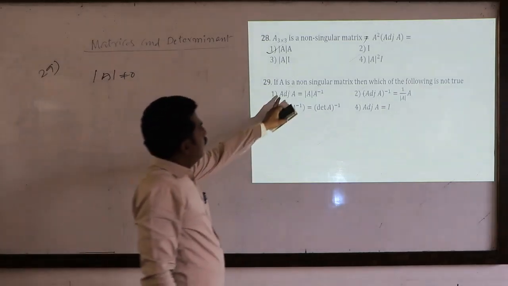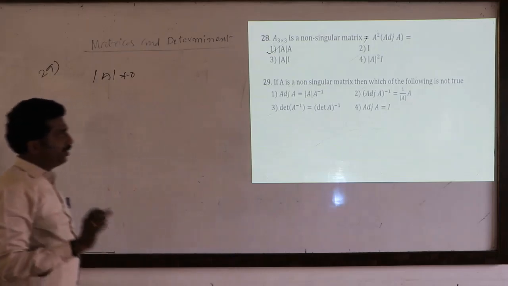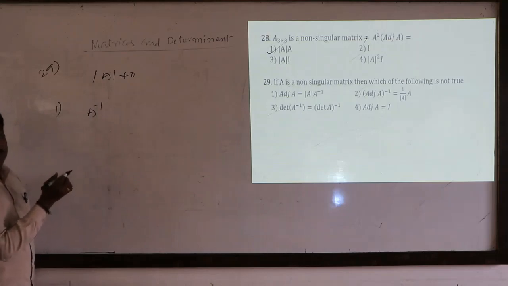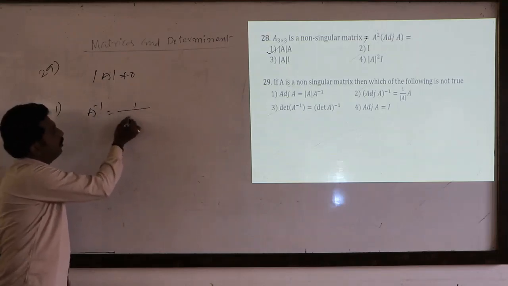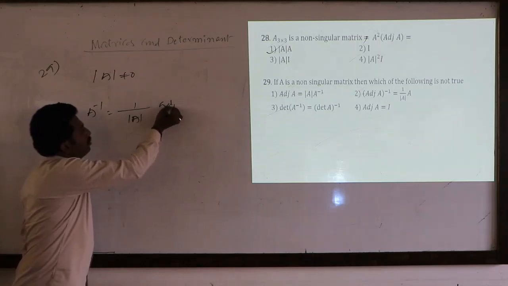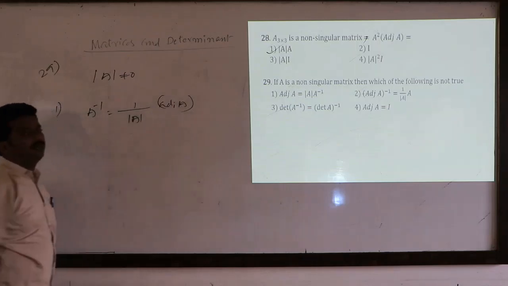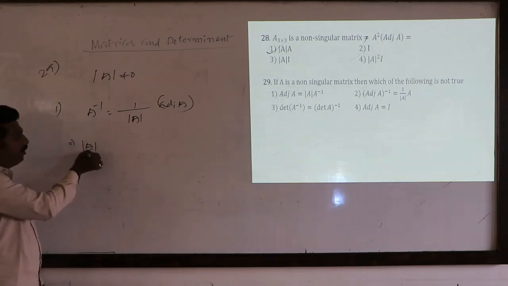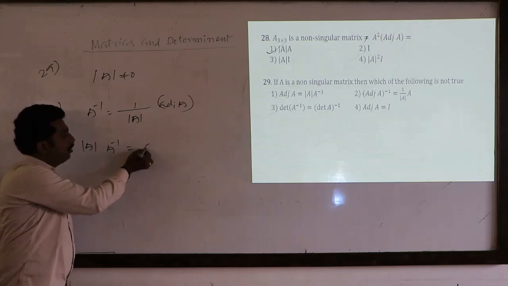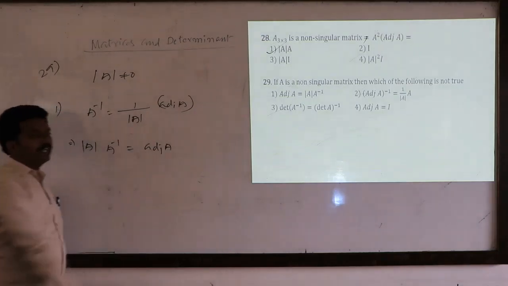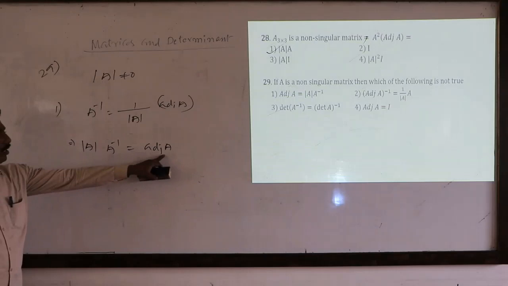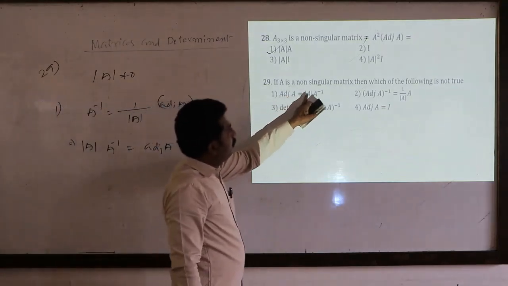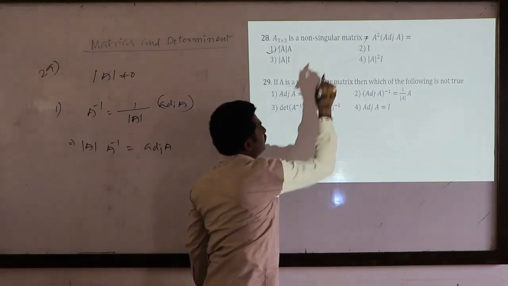First option, we will see whether it is correct or not. Generally A inverse equals 1 by determinant of A into adjoint of A. Taking determinant of A to the left side, determinant of A into A inverse equals adjoint of A. So finally, adjoint of A equals determinant of A into A inverse, which means this is a correct option.